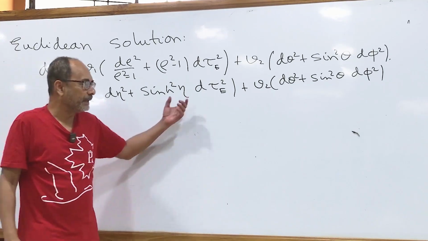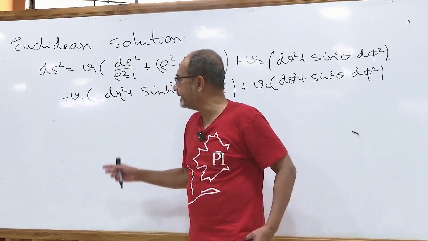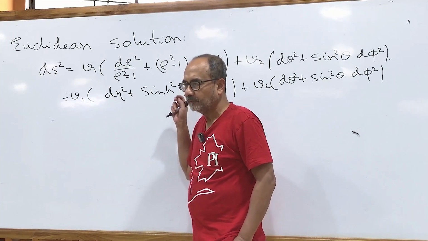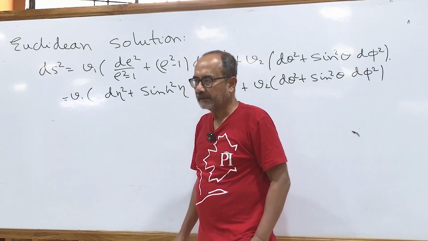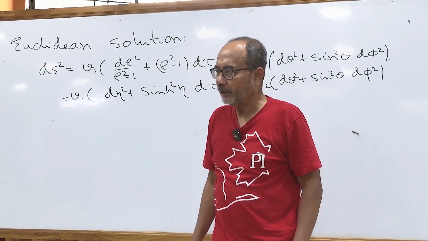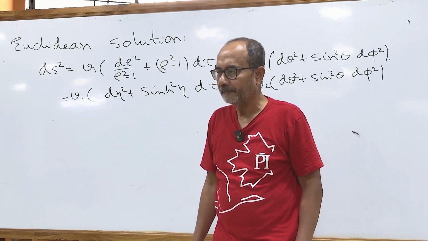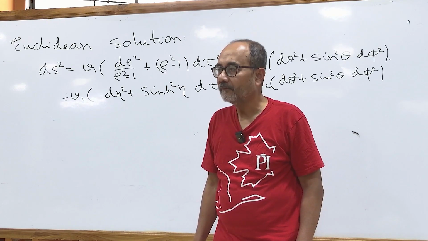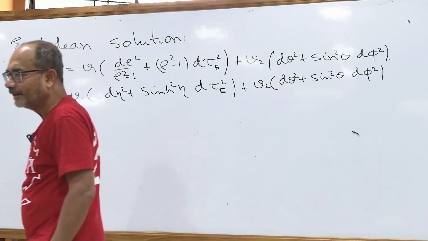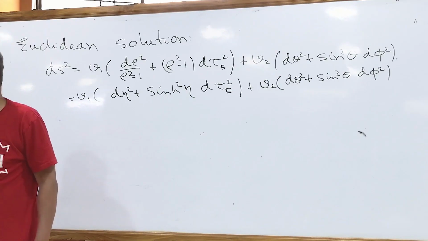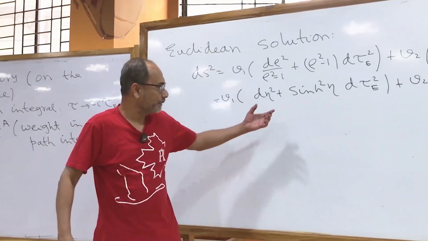Can you recognize what the singularity means? Is it really singular? Are there metrics for which the coefficient vanishes but it's not singular? Pardon? Schwarzschild, but Schwarzschild is too complicated, right? Think of something simple. It's a 2-dimensional metric.